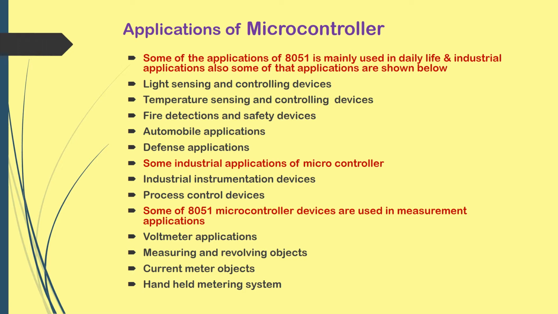As far as the 8051 is considered, there are measurement related applications also, like voltmeter measurement, measuring revolving objects, current meters, handheld metering systems, and many others. So these are some of the main application areas, just listed here as an introduction.